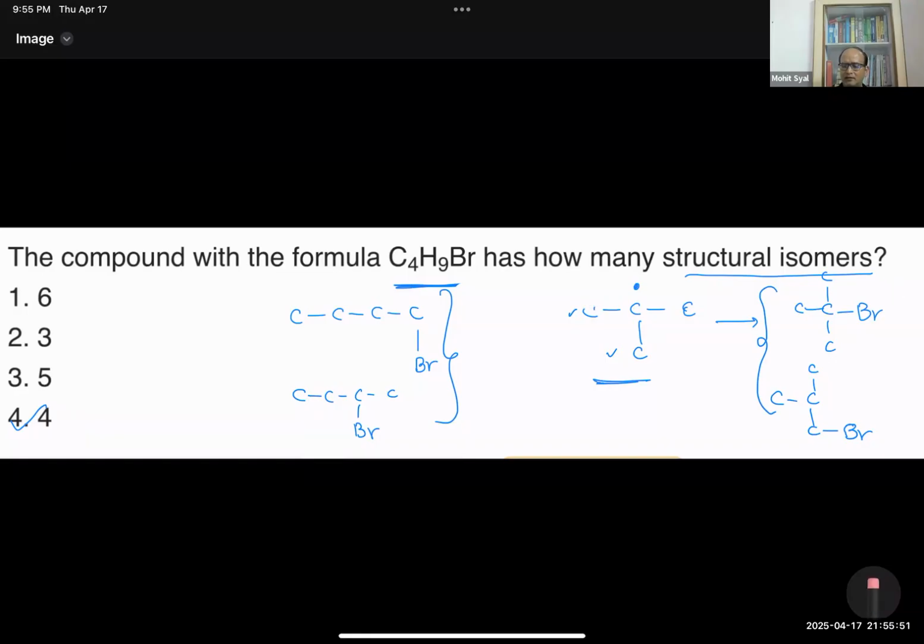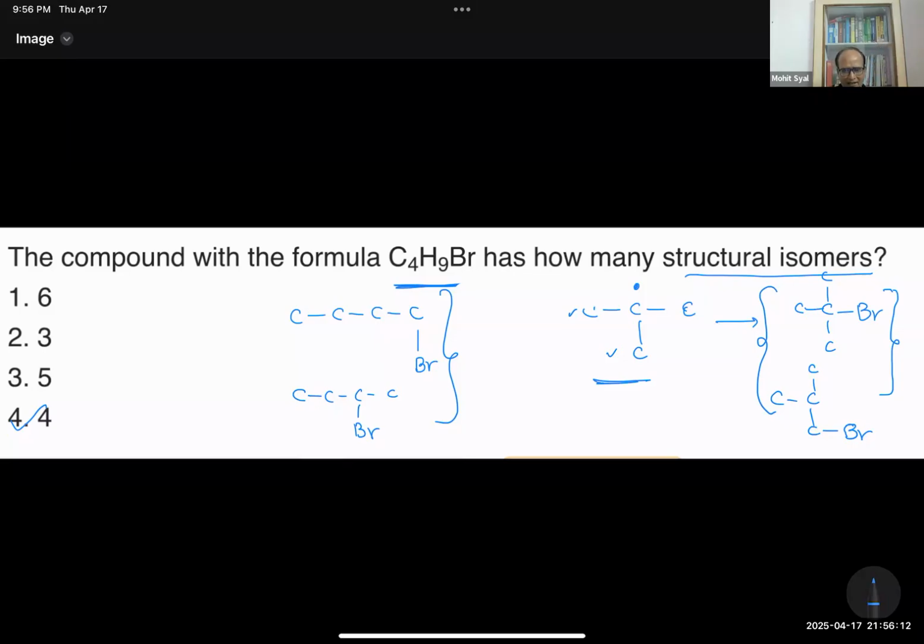What should be the answer? The answer is very simple. Wherever you have a chiral carbon, you can check it, it should be connected to 4 different groups. That chiral carbon should be taken in 2 different forms.